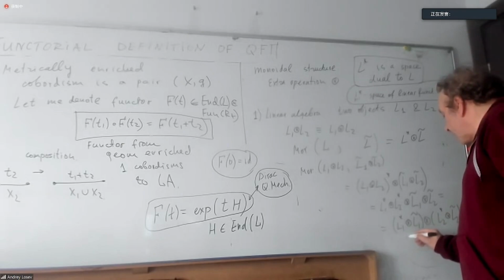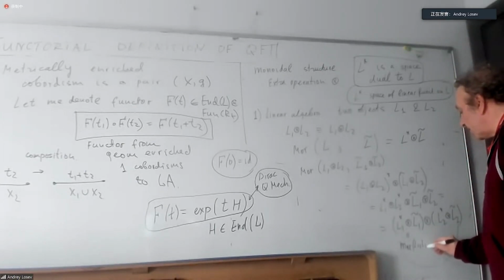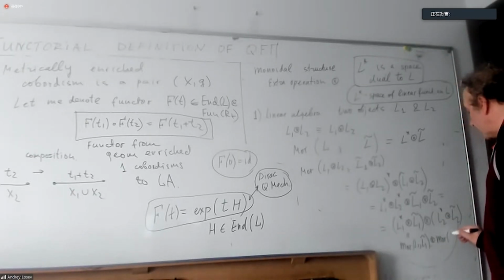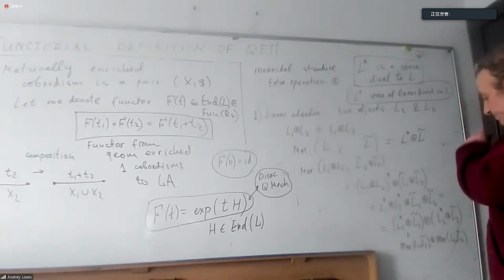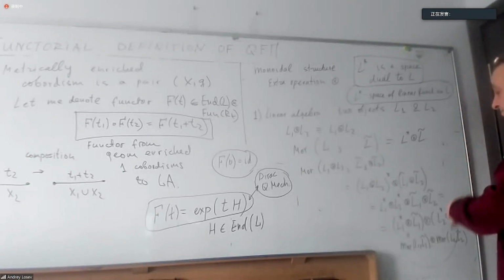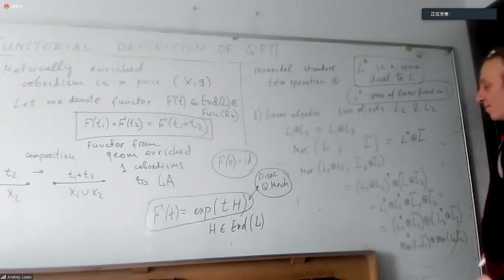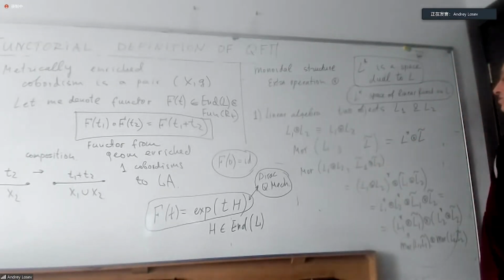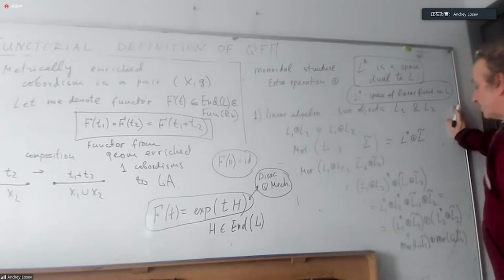So this is the space of morphisms between L1 and L1 tilde, and here I have the space of morphisms between L2 and L2 tilde. So I define this cross, called the monoidal operator on objects.